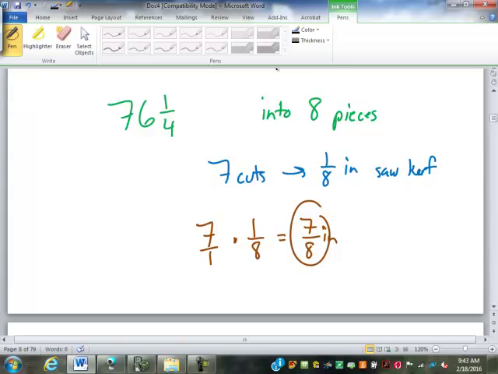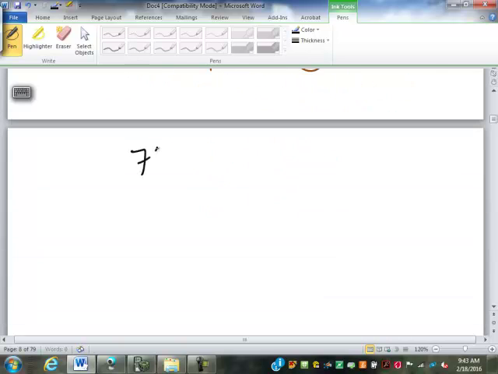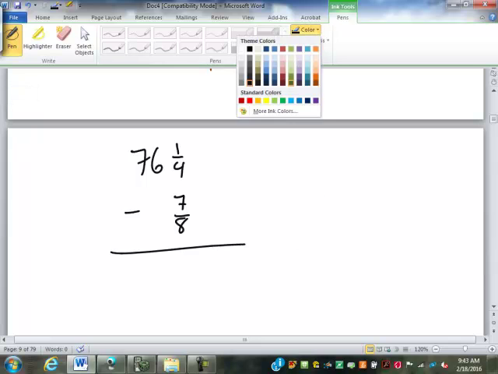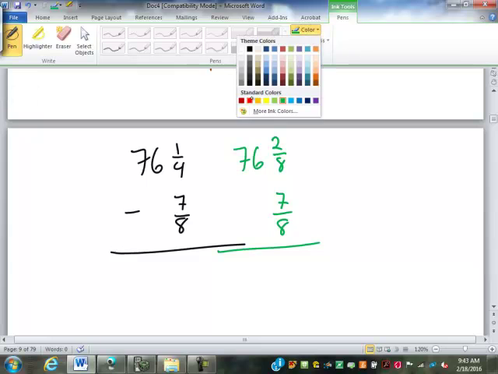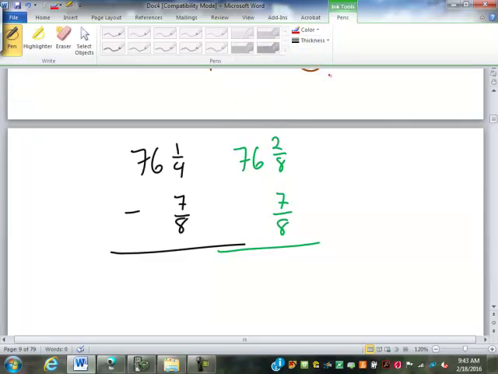Which means we're going to subtract 7/8 from 76 1/4, because the saw is going to take that much out of it when we cut. So I'm going to make this 76 2/8 to give me a common denominator, minus 7/8. This is going to work just like any of our other subtraction. Even though there's no whole number down here, we can still borrow. This will be a 75, and what's this become? 10. Yeah, add the denominator, so 2 plus 8 is 10. So 10 minus 7 is 3/8, and that's 75 3/8.